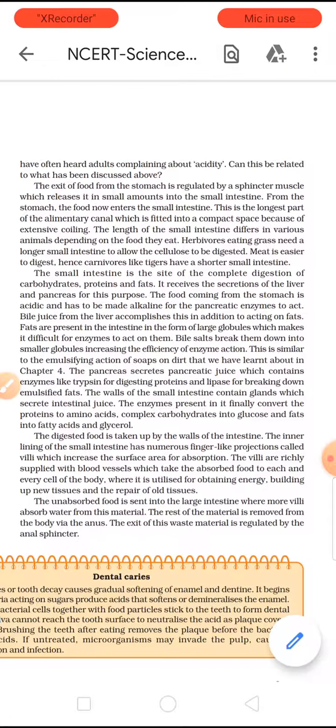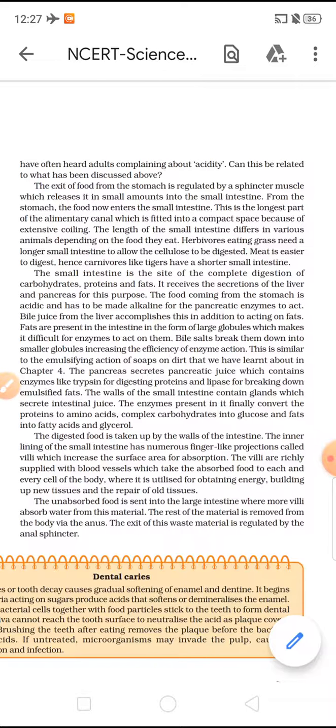Now, unabsorbed food is sent into the large intestine. In the small intestine, digestion as well as absorption will take place, but in the large intestine also some portion will help in absorption.